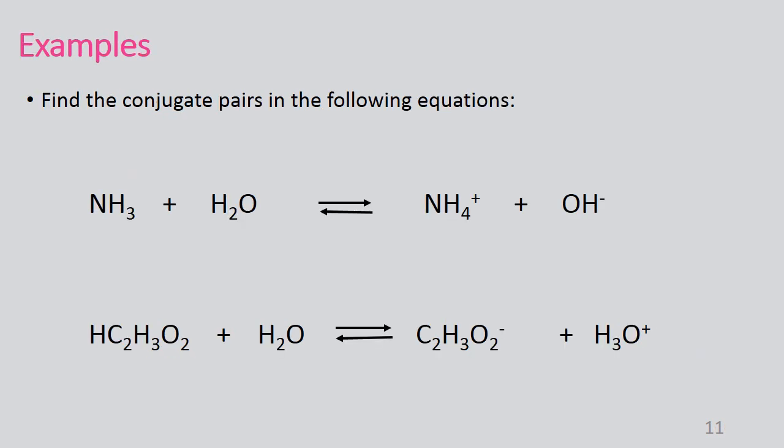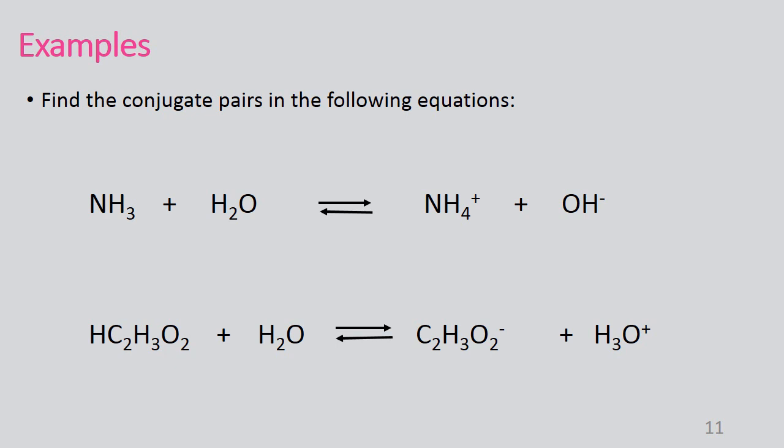Okay, so if we're looking at this example, find the conjugate pairs of the following equation. What we're looking for are two molecules or ions that are the same except for an H+. So if we look at the NH3 and then we look over on the right, we see NH4+ and OH negative.